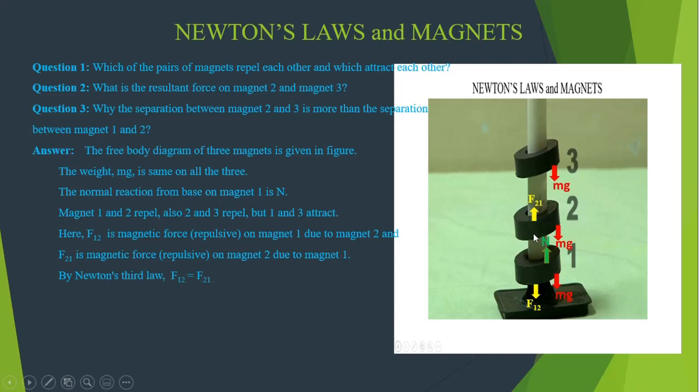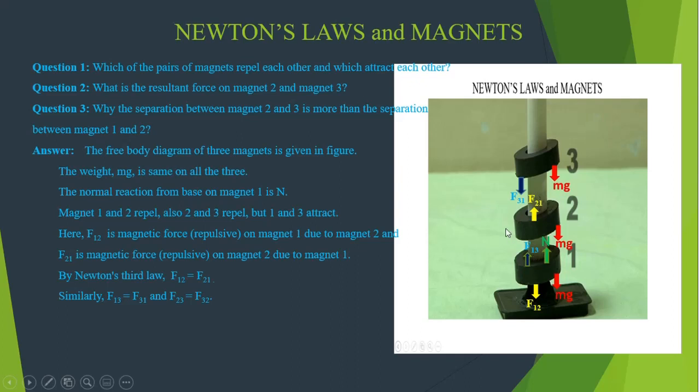Similarly, observe magnets 2 and 3. F13 is the magnetic force on magnet 1 due to magnet 3, acting in the upward direction, and F31 is the magnetic force on magnet 3 due to magnet 1, acting in the downward direction.